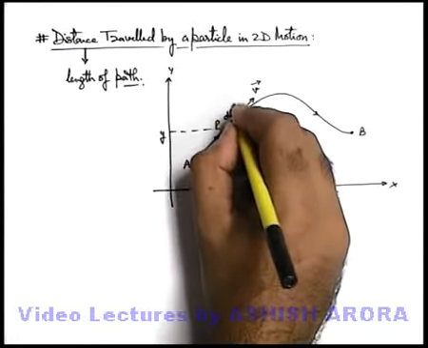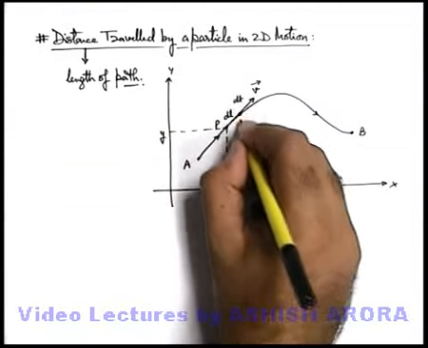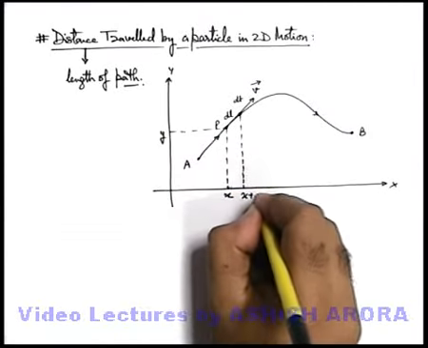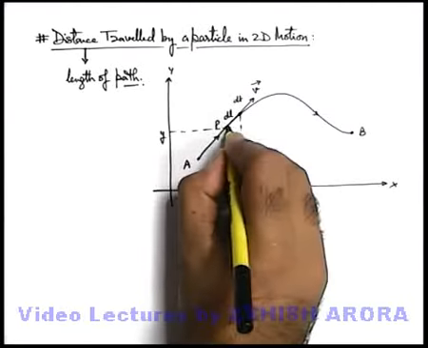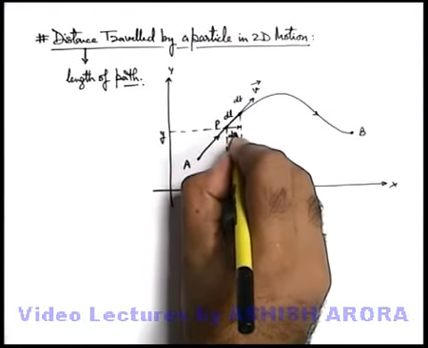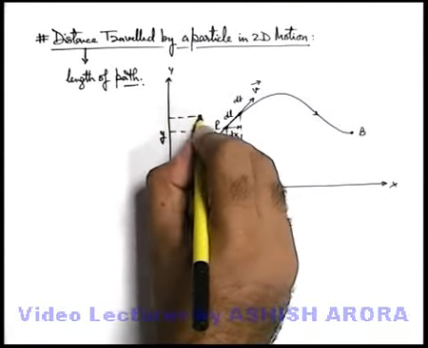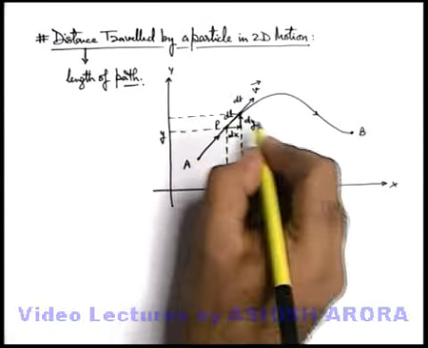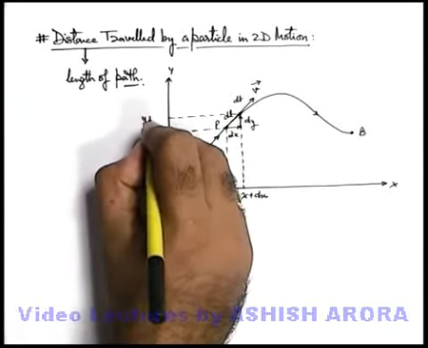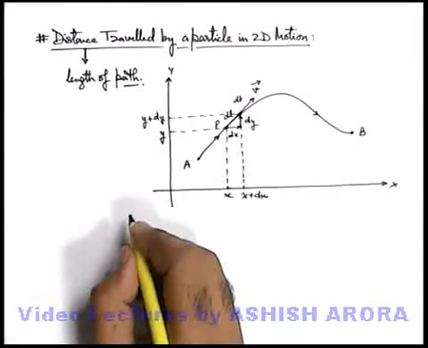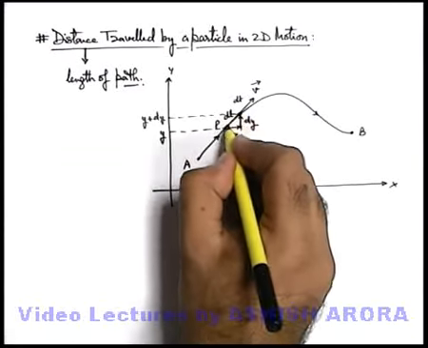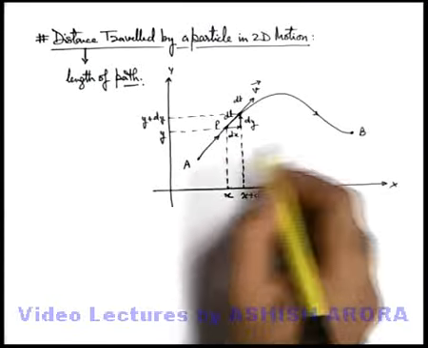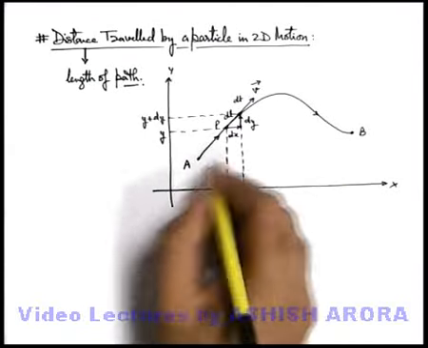We can simply state in time dt, its x coordinate has changed from x to x plus dx. It has progressed forward by a distance dx. Similarly, its y coordinate is also increased by a distance dy, so it becomes y to y plus dy. We are required to find the integration of this length dl over the whole path length from the starting to the end point of the journey.